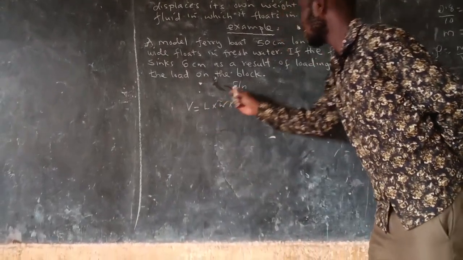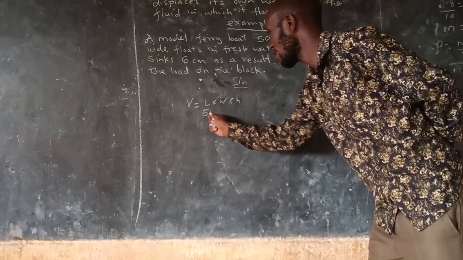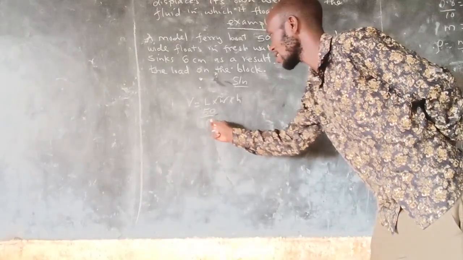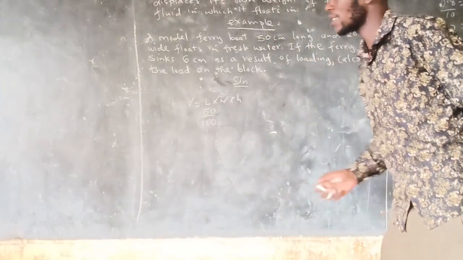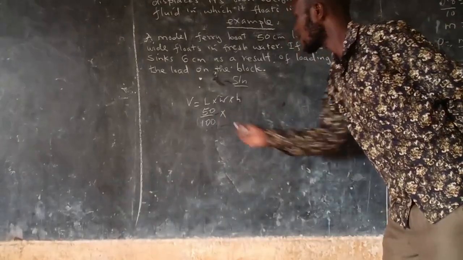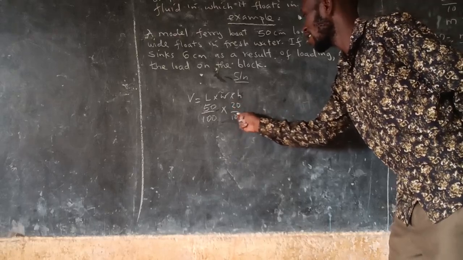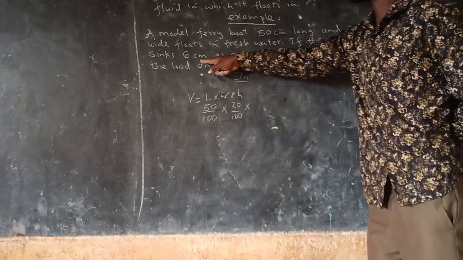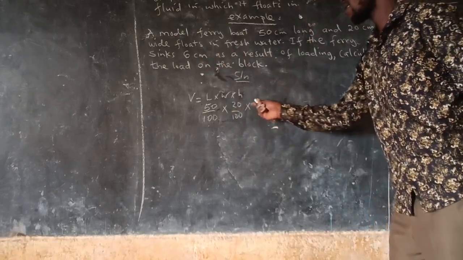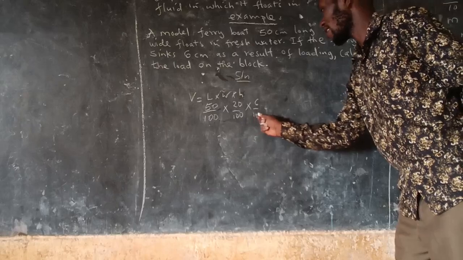Now, our length here is 50 centimeters. Change this into meters, because we deal with the right SI unit, meters. Then times 20 divided by 100, then you multiply by 6, the depth that it sank, divided by 100.